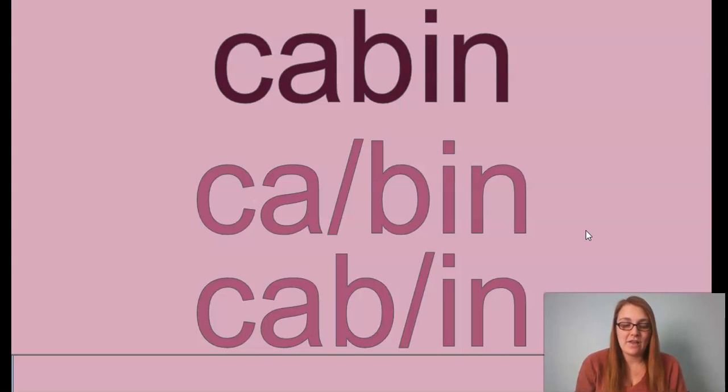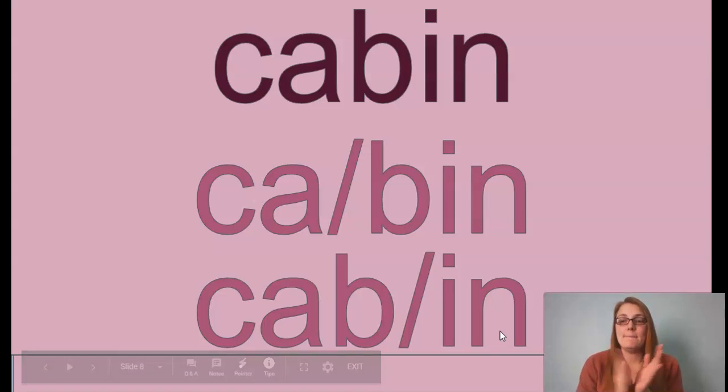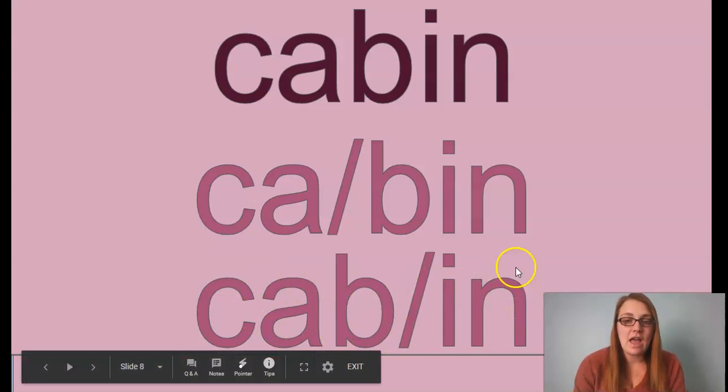However, if it's not the last sound in the syllable, it will still be the short A. So, on the screen, we have cabin. If it was broken up here, it would be K-bin or cab-in. Cabin. The two syllables are cab, in, so it is the short A sound.